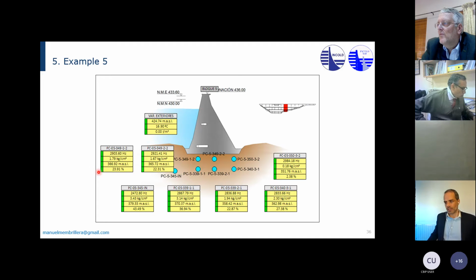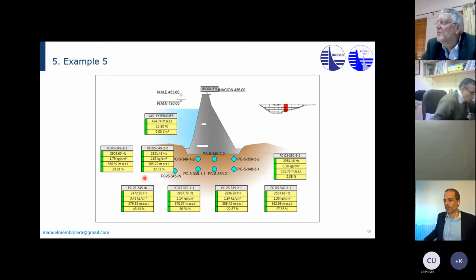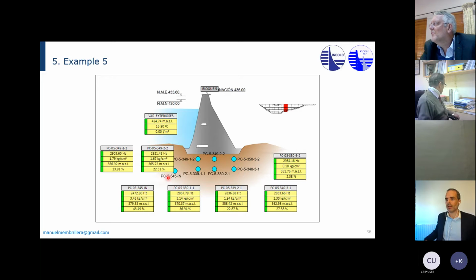Then in the foundation, because of these sandstone and marl layers, horizontal in the foundation, there was concern about the circulation of water in the foundation. So you can see that not just piezometers close to the dam body and foundation interface here, but also deeper down were installed.